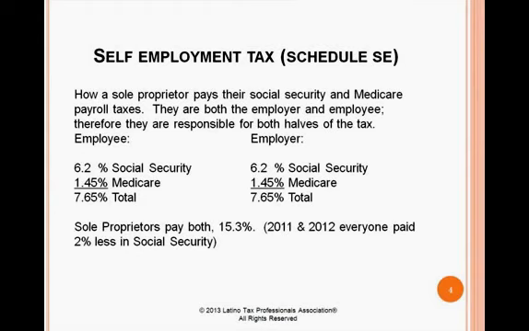Now, it's important to understand that for 2011 and 2012, part of the President's stimulus program, everyone paid 2% less in Social Security. This was reflected in the Schedule SEs for those 2 years because it shows the total self-employment tax for sole proprietors at 13.3%.